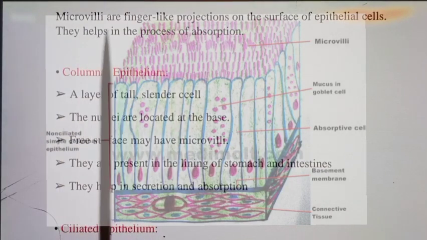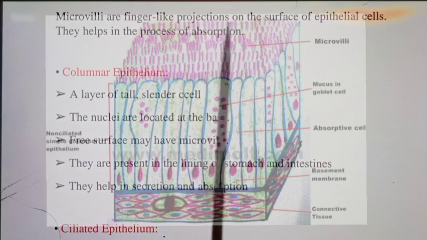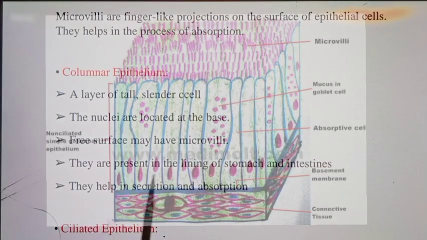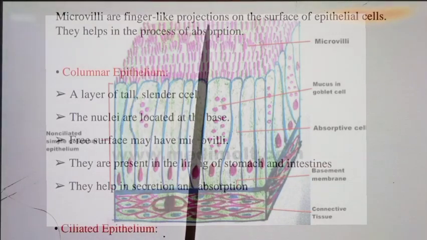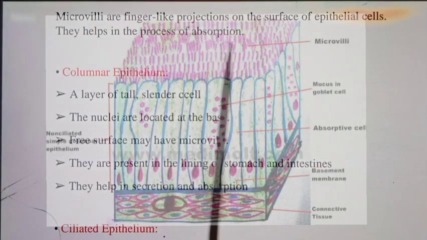Microvilli are finger-like projections, and they are present in the linings of the stomach and intestine. As you have seen, the villi present in the small intestine have finger-like projections which help in the absorption of nutrients. They help in secretion and absorption.